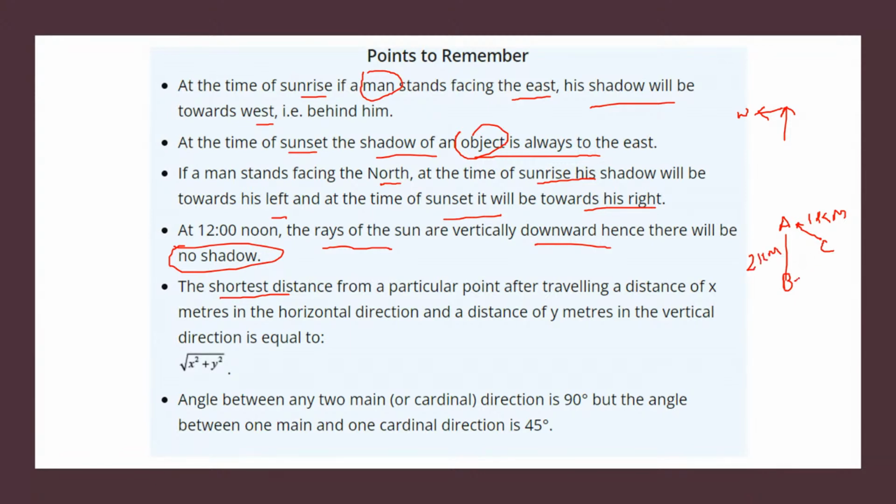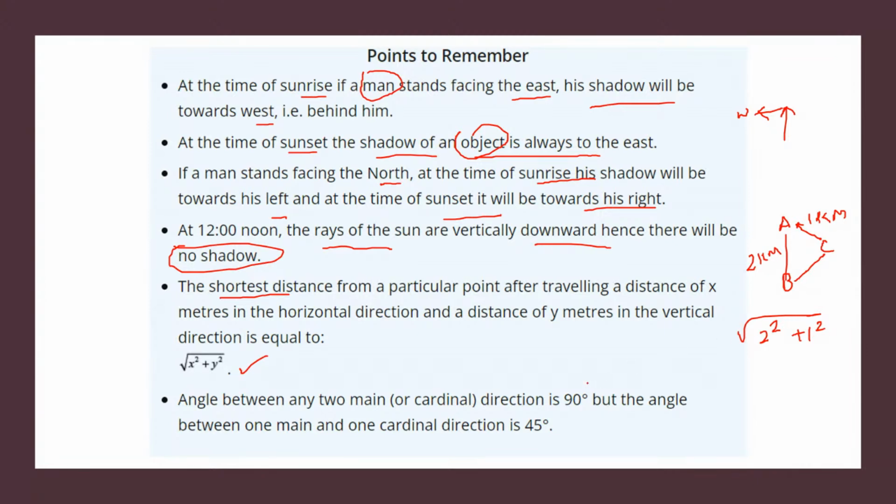So how will you calculate the distance from A to B? With the help of this formula, that is root under x square plus y square. That means here this will be 2 square plus 1 square. So this is how you can calculate the shortest distance from a particular point.